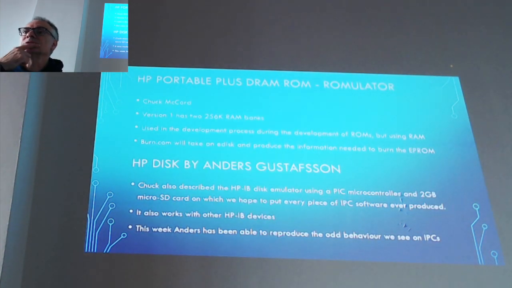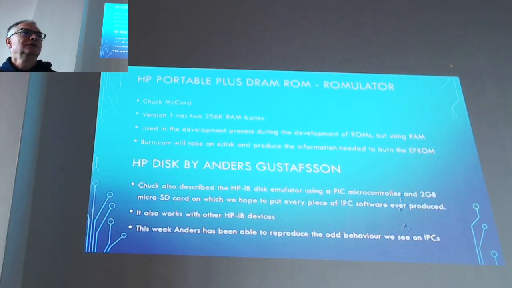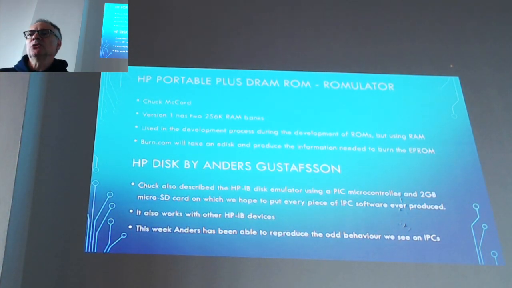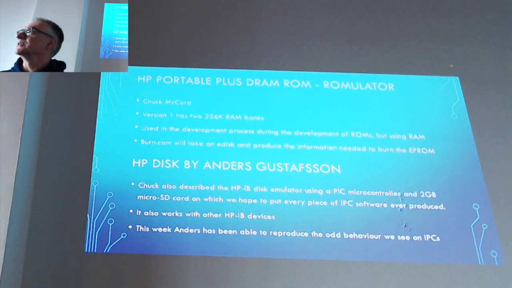Chuck talked about the HP Portable Plus DRAM ROM, which slots in the side. The Portable Plus has got two sections in the back, and you can plug this in. It's known as the ROMulator. It's got two 256K RAM banks. It was used in the development process to develop the ROMs, but like our MLDLs that we had on the HP 41, it's RAM pretending to be ROM.